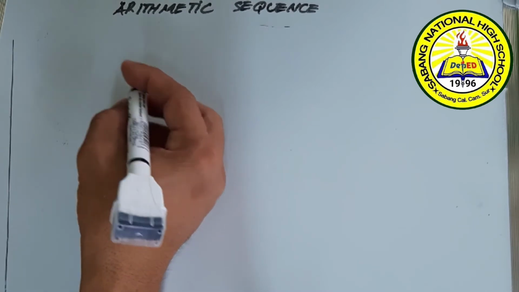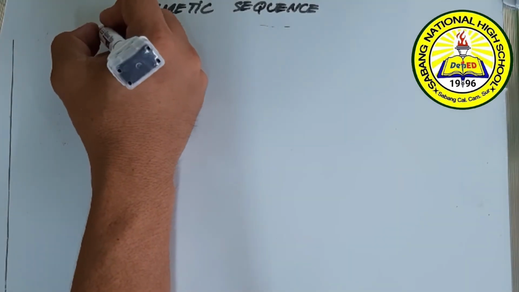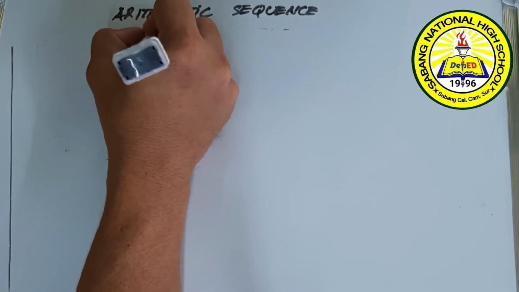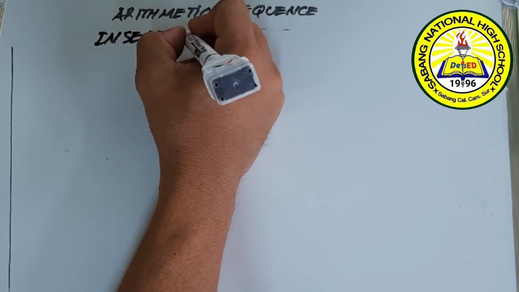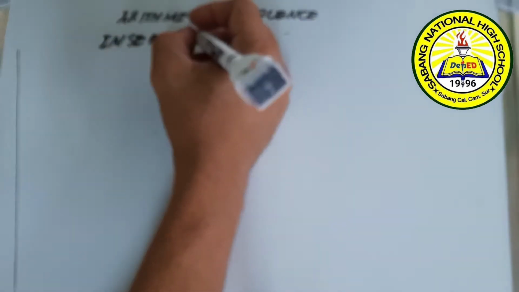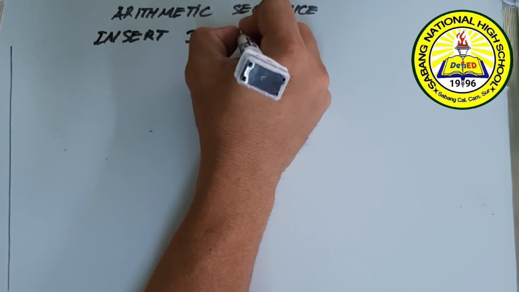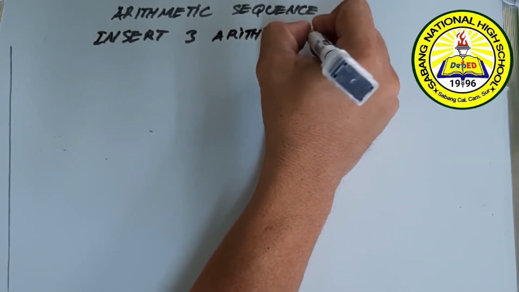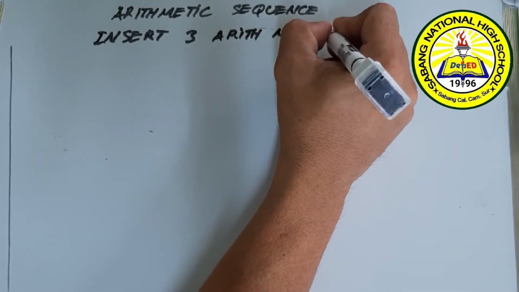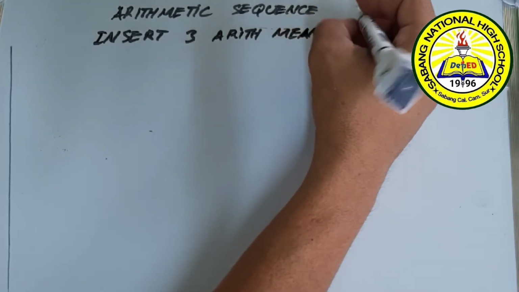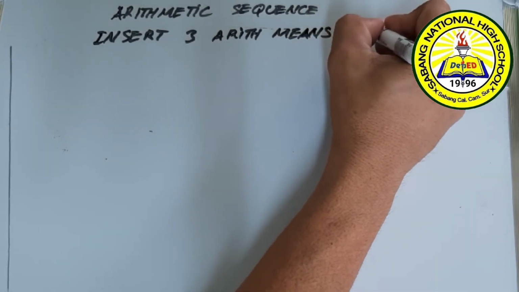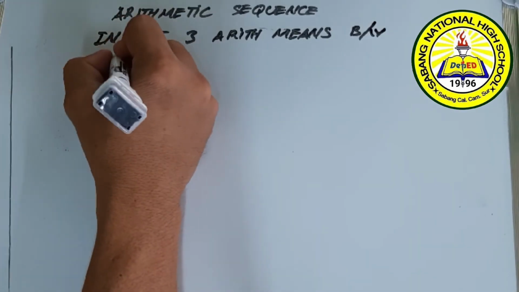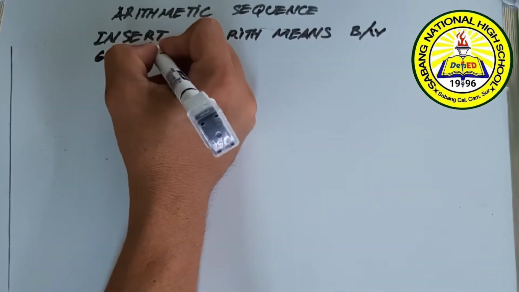On our example number 2, it says insert three arithmetic means between 6 and 54.